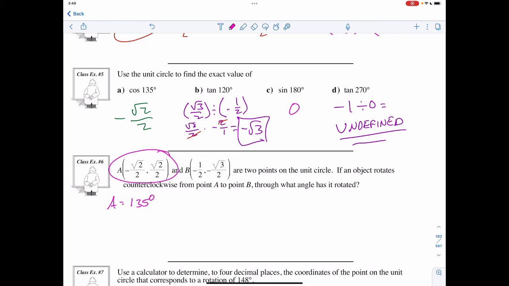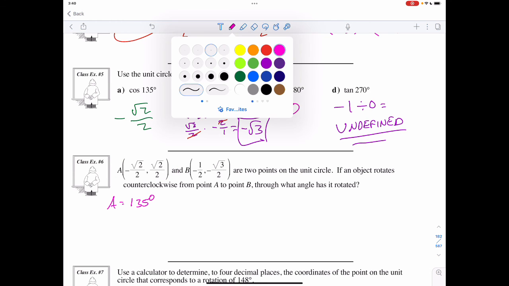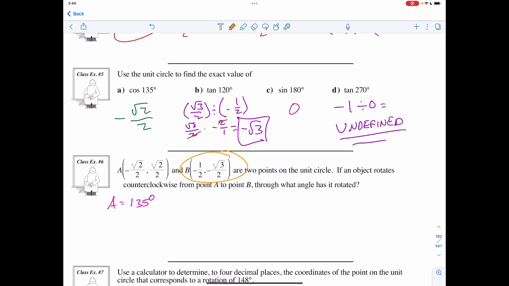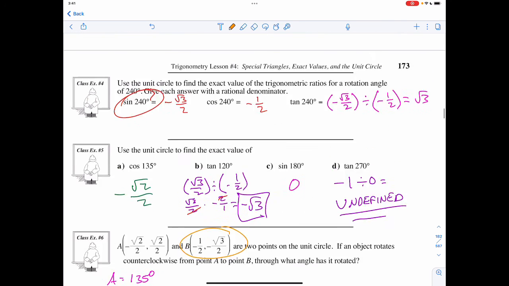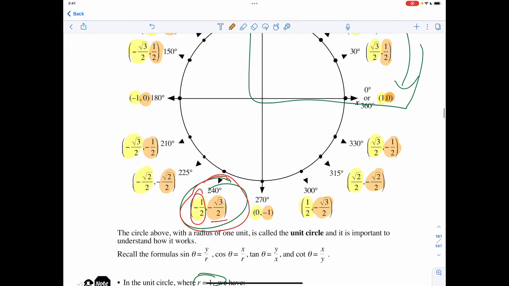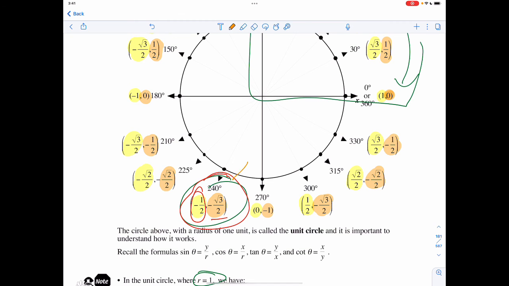For B, it is negative 1 over 2 and negative root 3 over 2, which I can see here is at my 240.